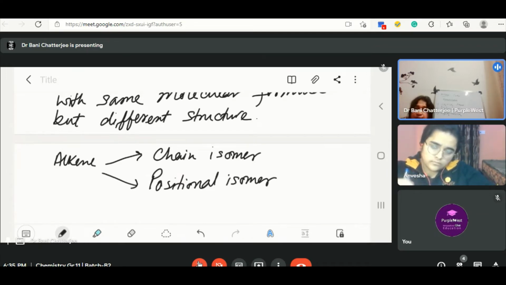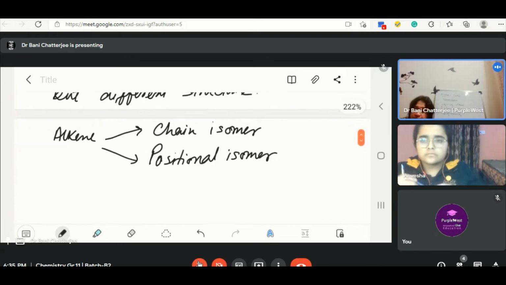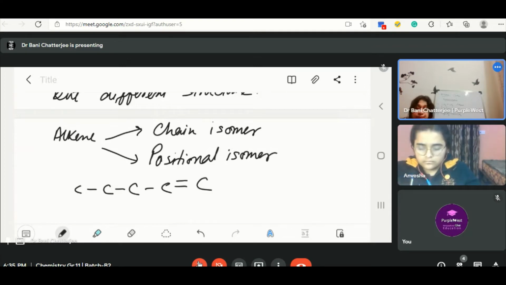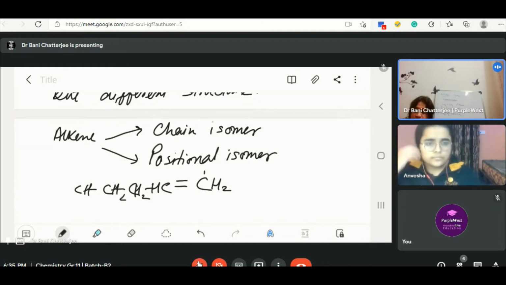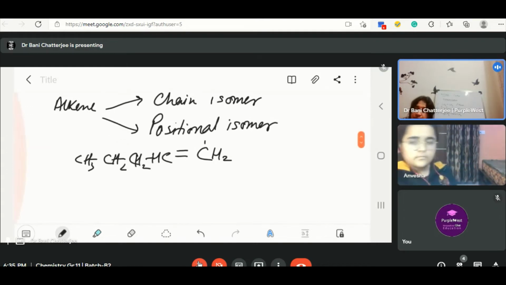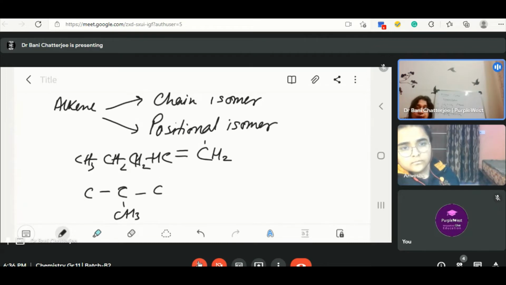So basically here you will see the chain. Imagine this one, where the double bond is at the first carbon. Another isomer will be where we change only the position of the double bond, or the chain. Just see how many carbons are there.